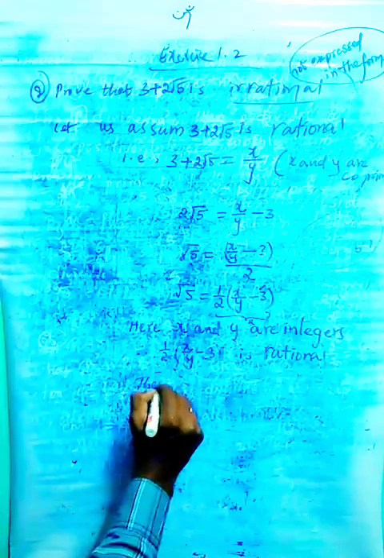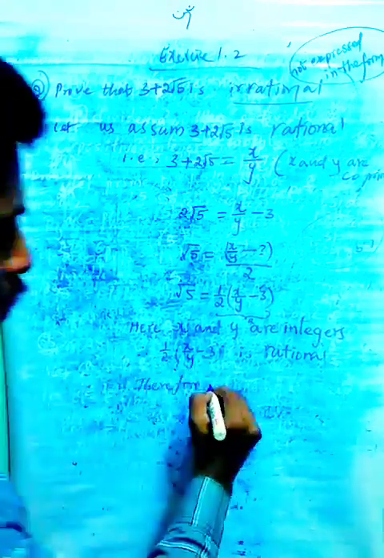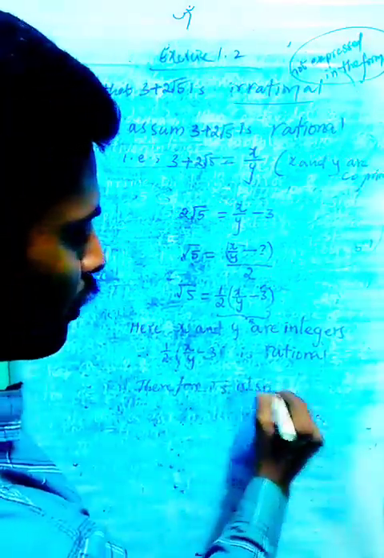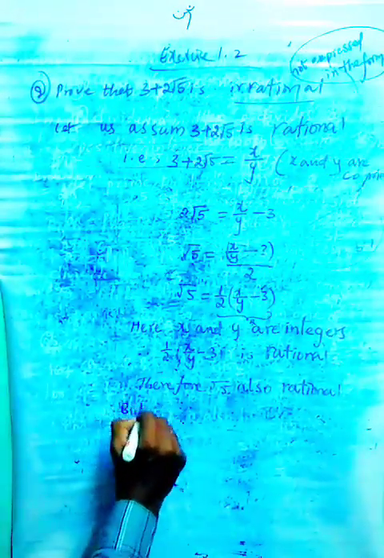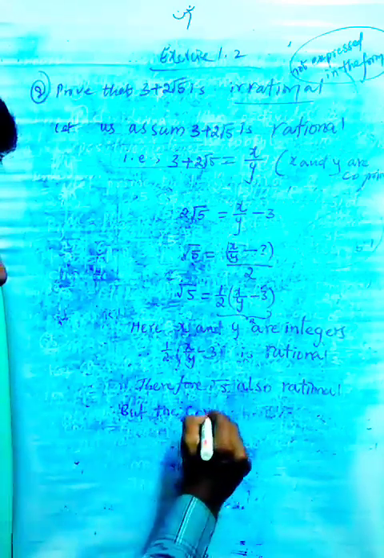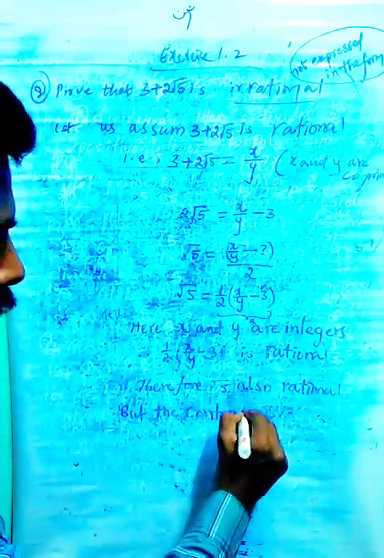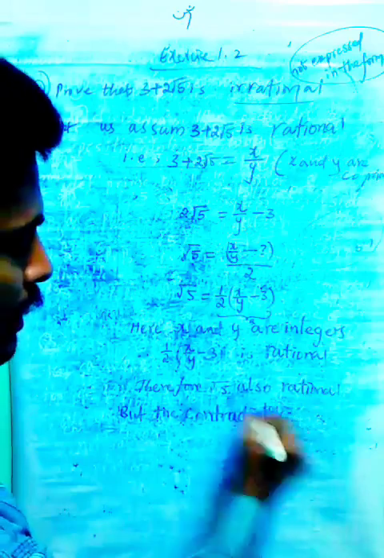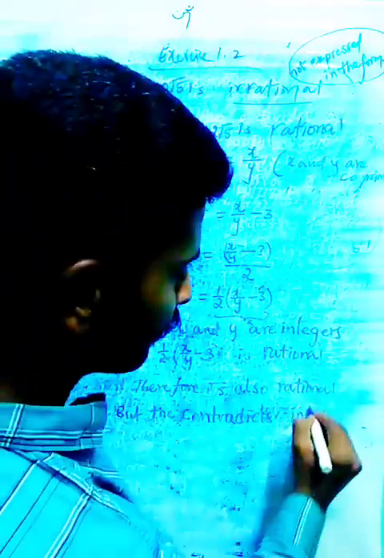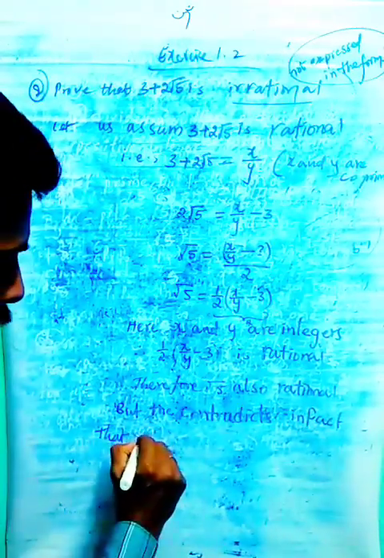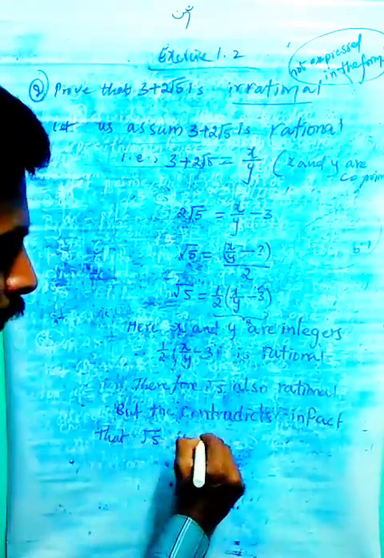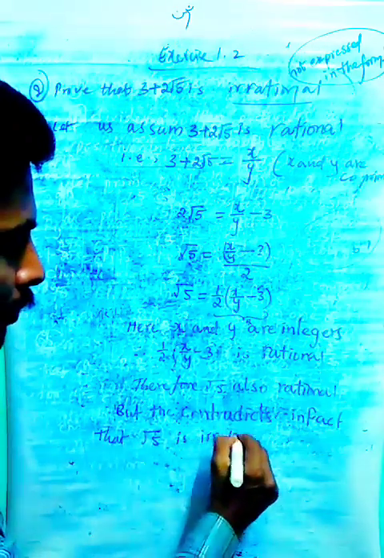But this contradicts what we proved before, that root 5 is irrational.